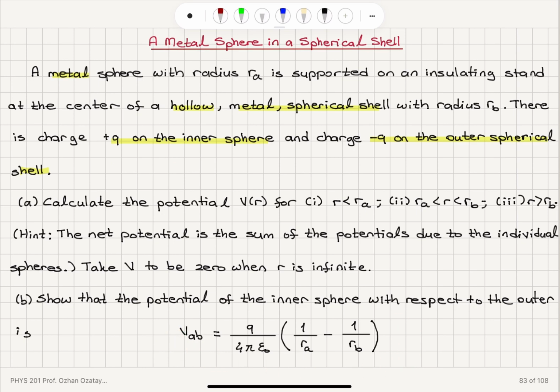Okay, so we have looked at the potential in 3 different regions: inside the metal sphere, in between the metal sphere and metal spherical shell, and outside the metal spherical shell.